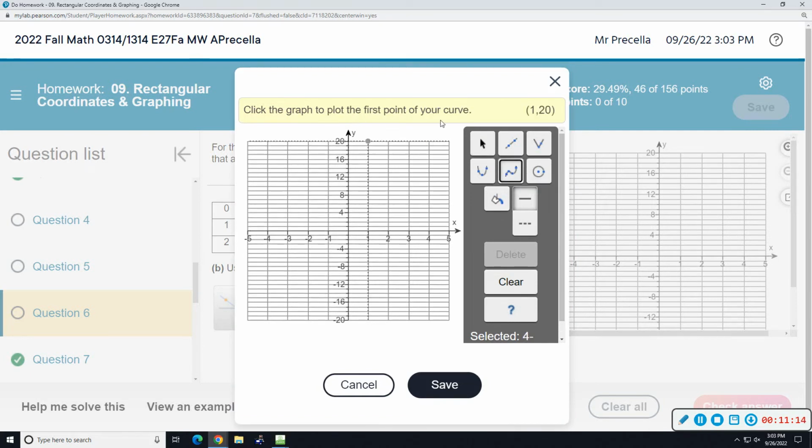Now they want us to plot the first point. The order doesn't matter. I could plot 2, 5 first if I wanted to, but I think I'll plot them in the order in which we found them. The first point, by the way, notice they're changing the width versus the height. The x values, notice those numbers have a wider gap between them.